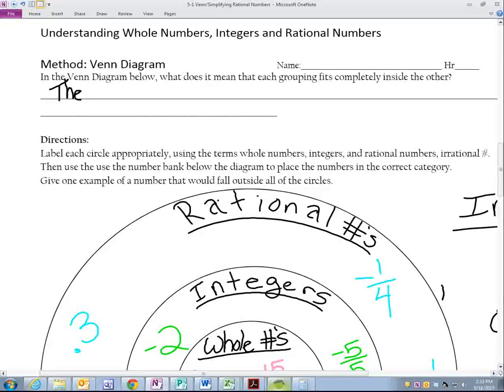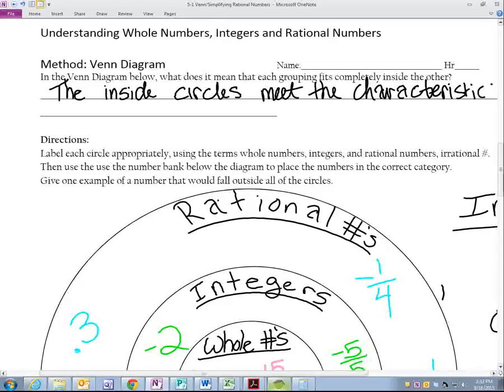The inside circles meet the characteristics of the outside circles.